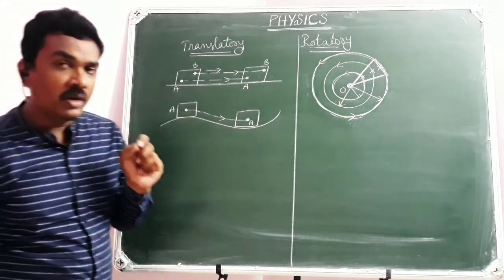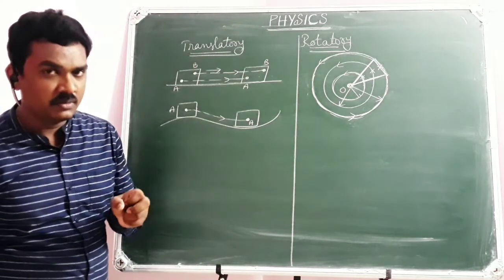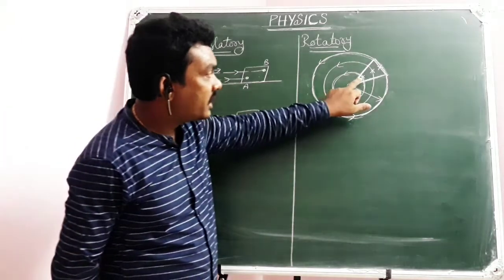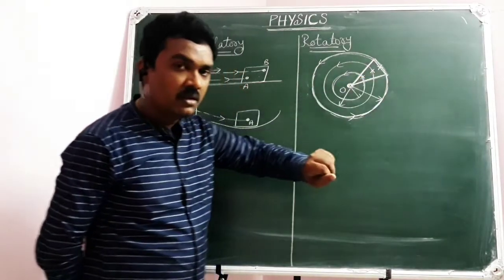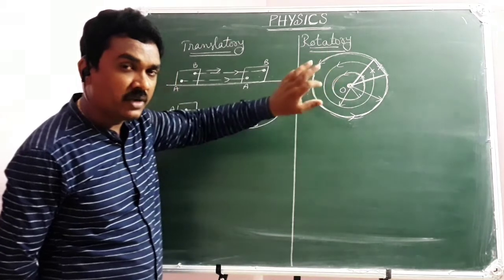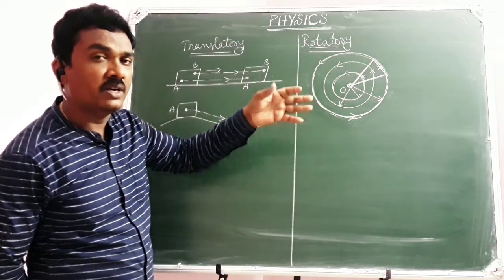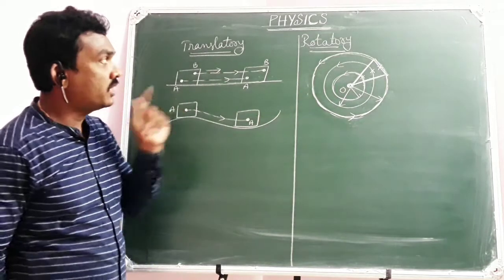So, when a body moves along a curved track around a fixed point, different particles in the body move along curved tracks of different radii, so they cover different distances. That is rotatory motion.